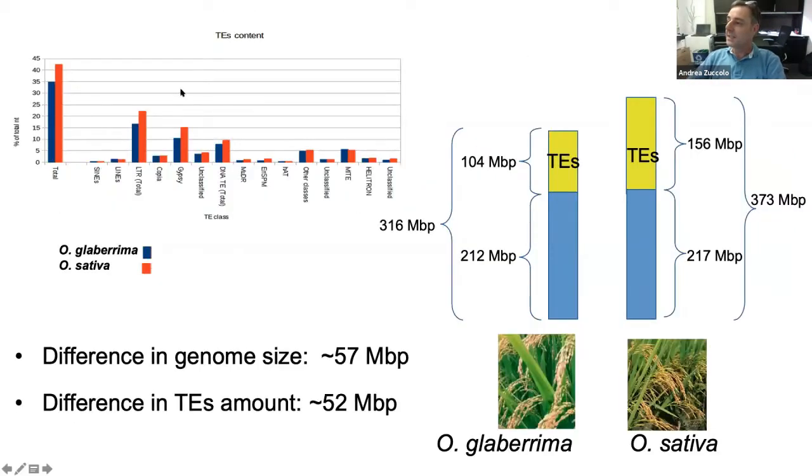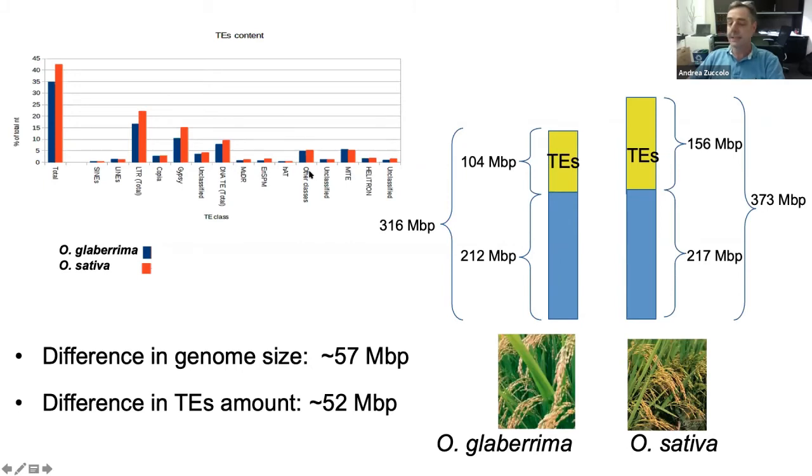As far as these Ts are concerned, the amount of these elements is greater in domestic rice than in the African rice. In African rice, the total amount is 104 megabases, 156 in the Asian rice. The difference, 52 megabases, is pretty close to the difference in genome size.